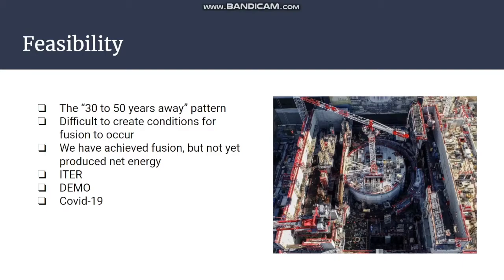Now, what's set to turn this around is ITER, which is a collaborative project between 35 countries to create the largest tomahawk reactor ever made. ITER is specifically designed to produce net energy, and its successor, DEMO, is going to take the advancements of ITER and make them commercially viable.